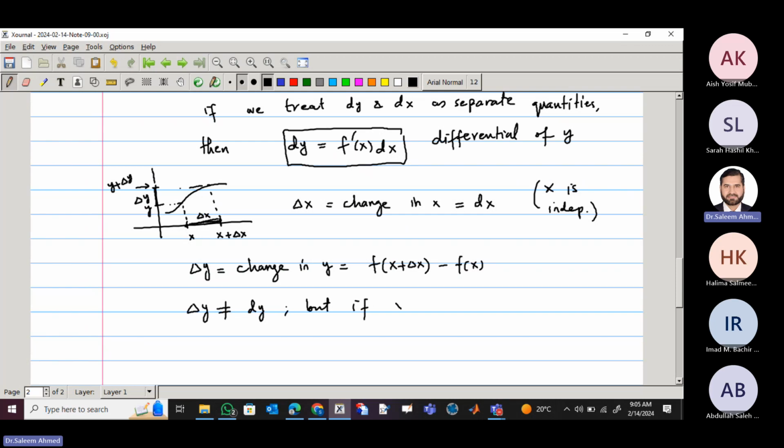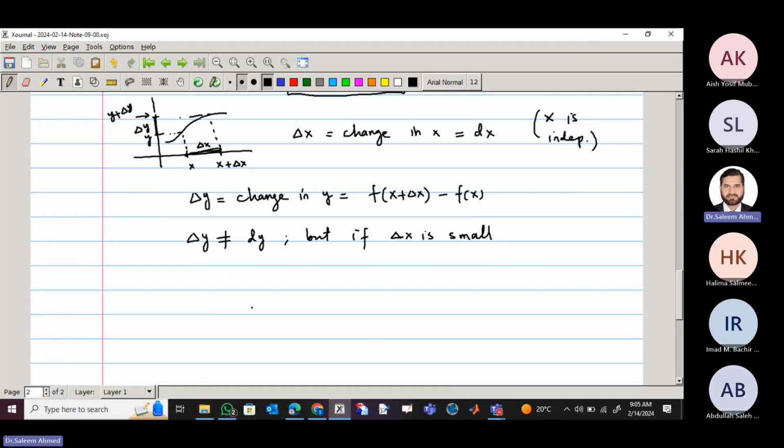Okay, but if delta x is small, then your change delta y can be approximated by the differential of y. Actual change in y is this, right? Actual delta y is f of x plus delta x minus f of x, right? But dy is f prime x dx, right?